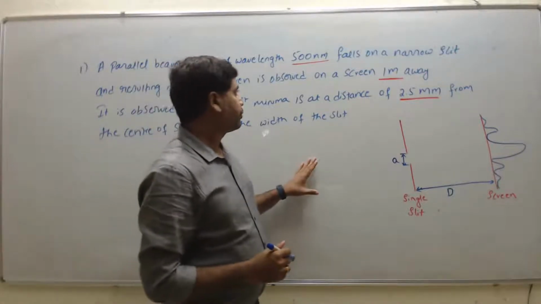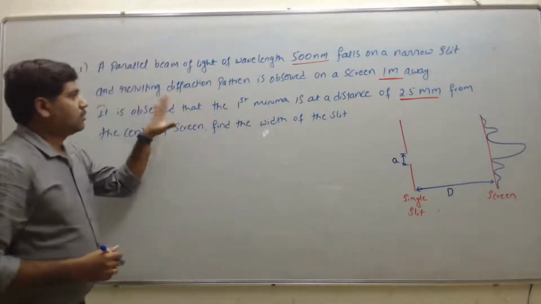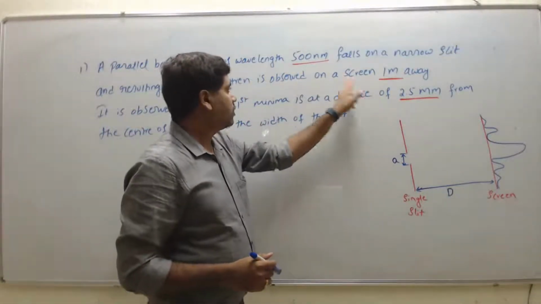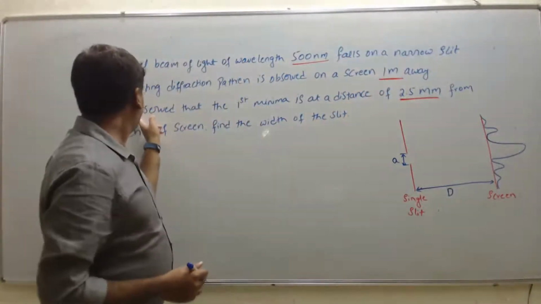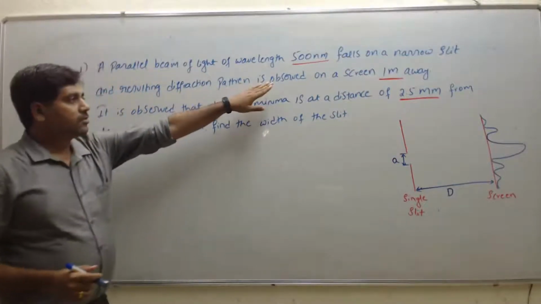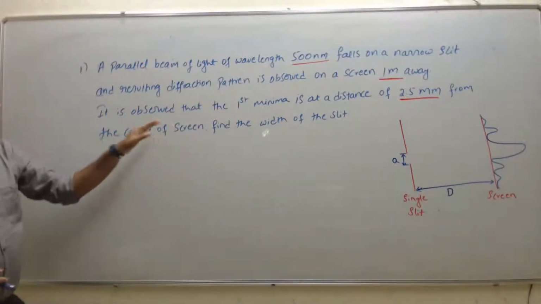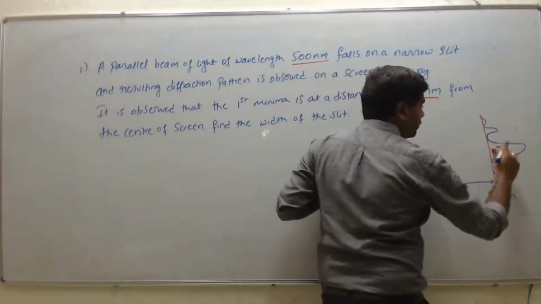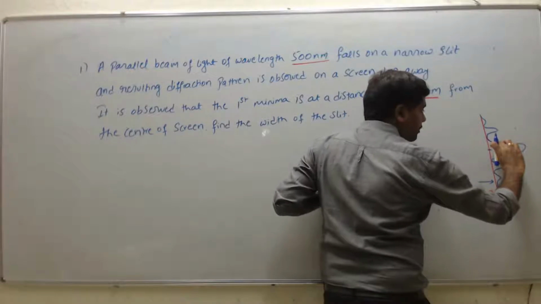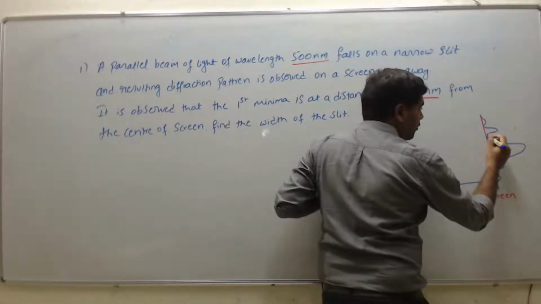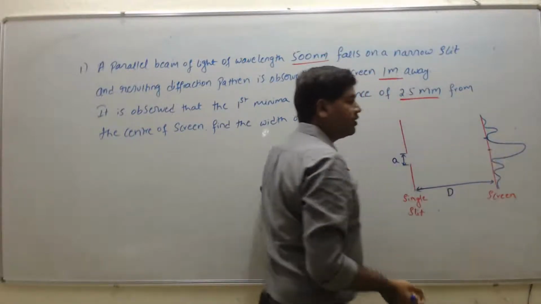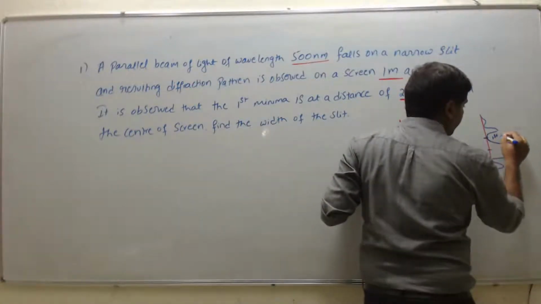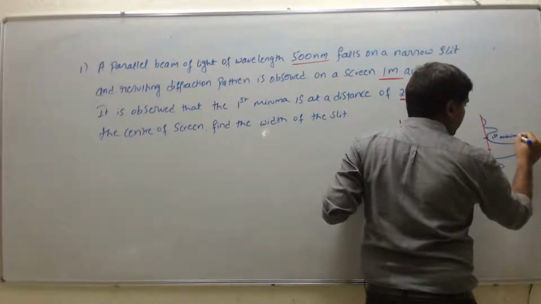Next, the wavelength is given, and the pattern is observed on the screen which is 1 meter away from the slit. Next, it is observed that the first minima is here. This one is the central maxima. After the central maxima, we get this point, which is the first minima.